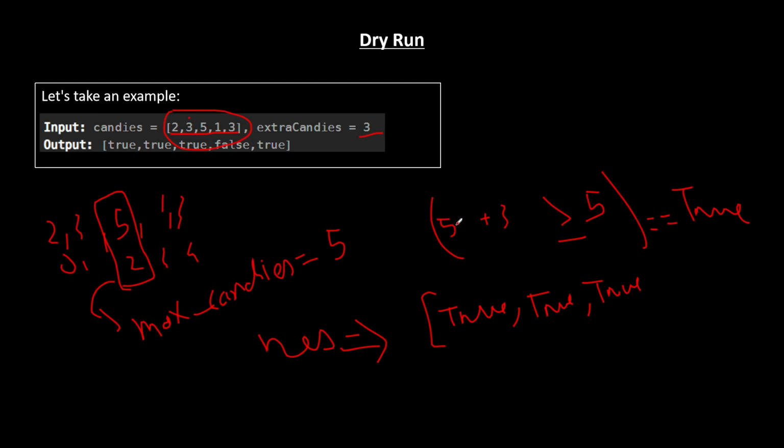Then we have 1 plus 3, which is not greater than 5 because it is 4. So it does not meet the true condition. So we push false. And similarly for the last one, we get true. Fine. And we return this result.